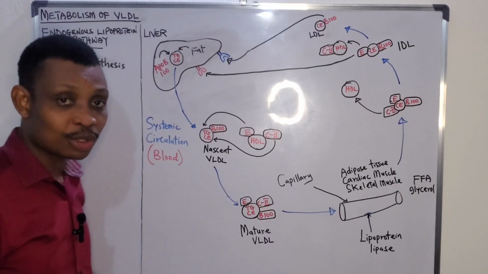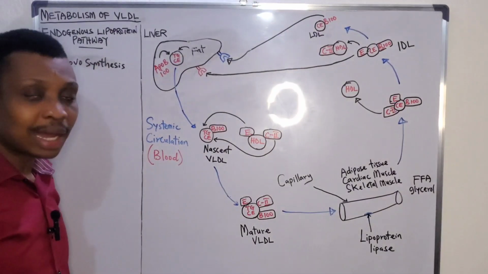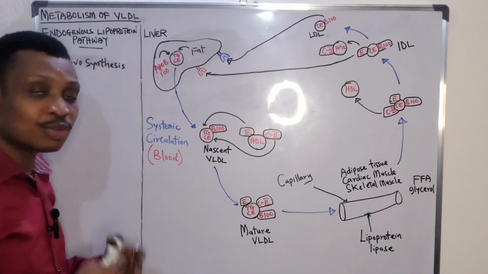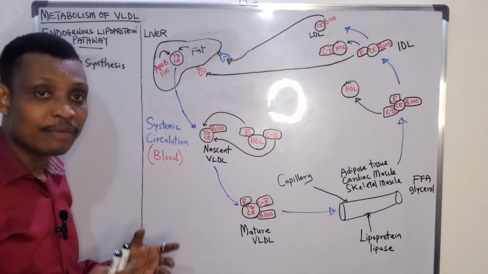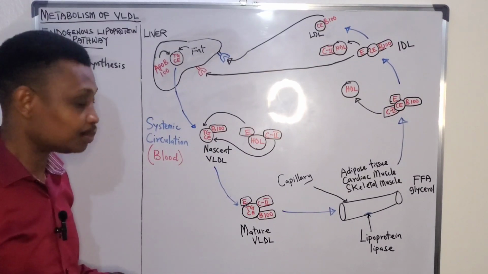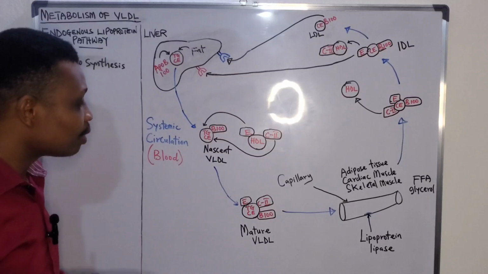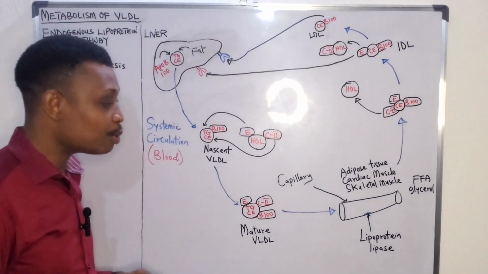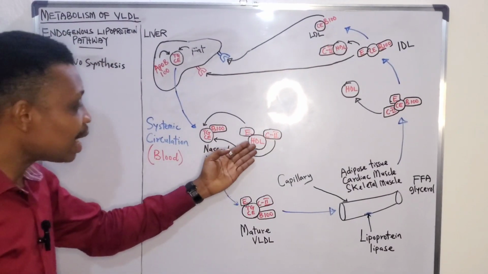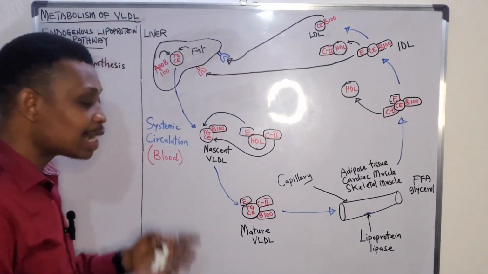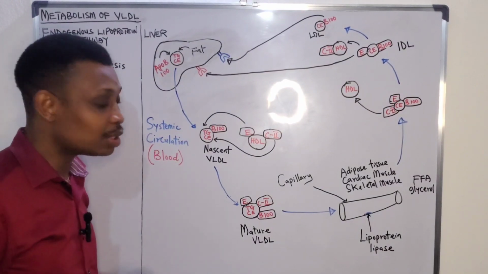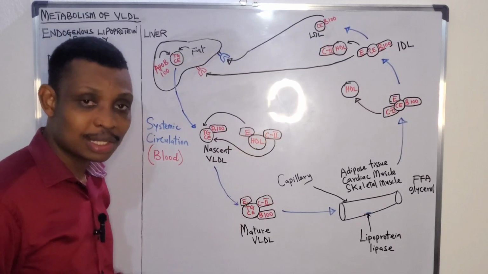On getting to the circulation, it is immature, and because it is immature, it is referred to as the nascent very low density lipoprotein. But then this nascent VLDL will associate with high density lipoprotein, and high density lipoprotein has two apoproteins, ApoE and ApoC2.